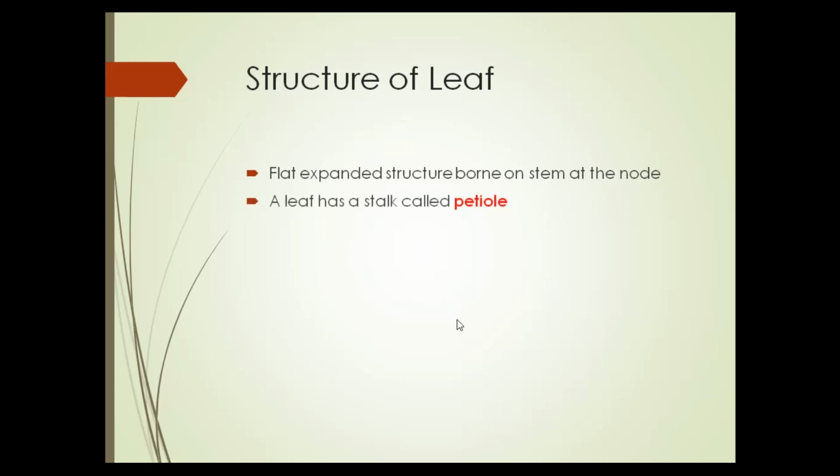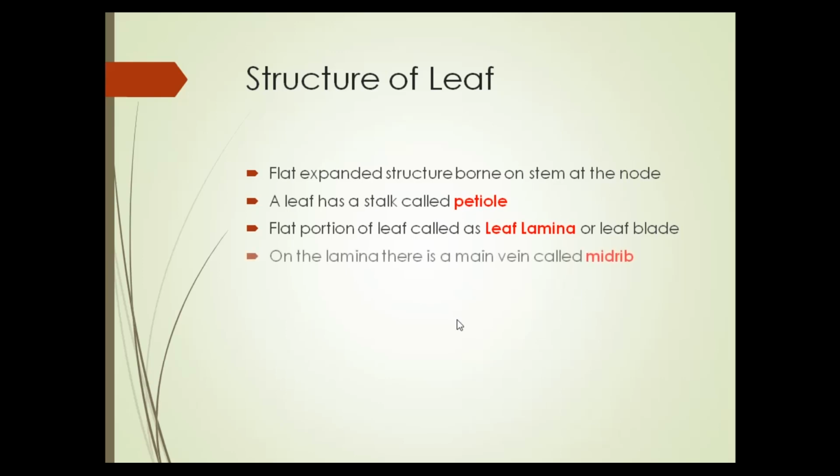A leaf has a stalk called the petiole. The flat portion of the leaf is typically referred to as the leaf lamina or leaf blade. On the lamina, there is a main vein called the midrib. Other veins branch out from this main vein, the midrib.